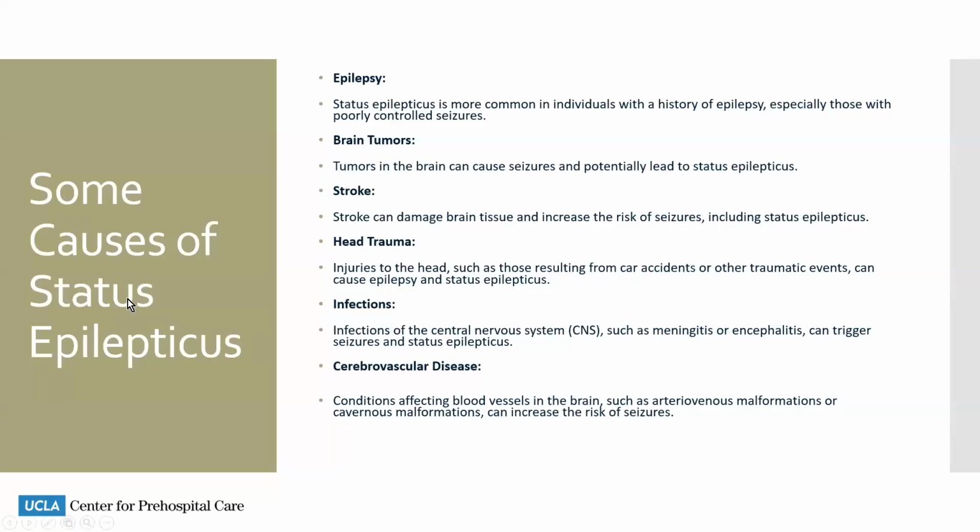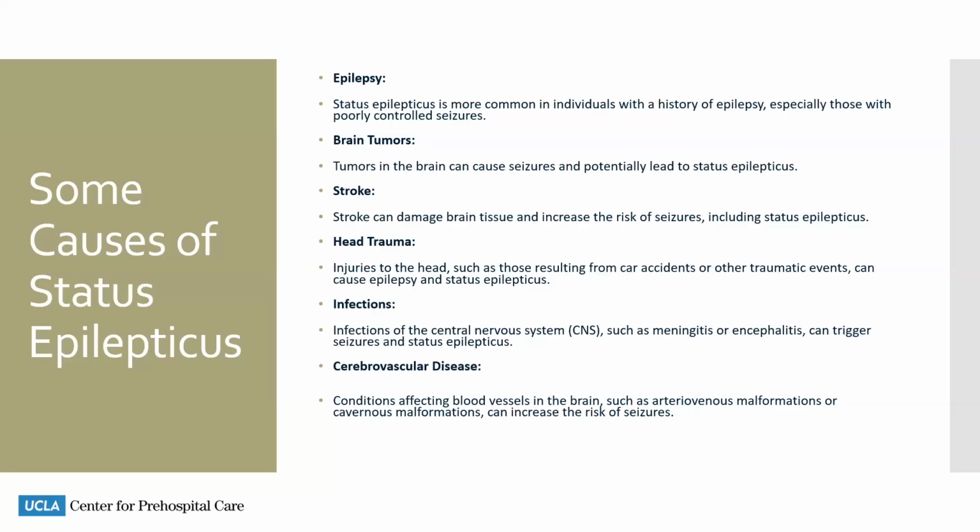Okay, so here are some causes of status epilepticus. Brain tumors, like we talked about, a stroke, we mentioned head trauma, infections, like our meningitis people, cerebral vascular disease, maybe there's other things in our brain tissue, and there may be a malformation of part of our vascular system in the brain, and you're born with that. You may not even know you have that until somebody does an MRI on your brain or something.